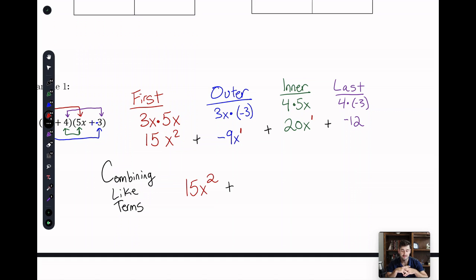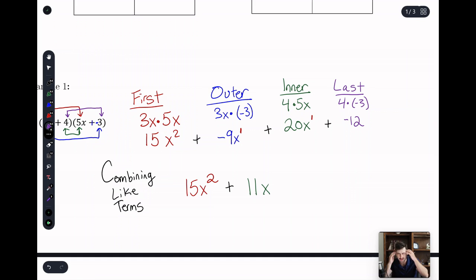So if I've got -9 cookies, or -9 t-shirts, or -9 x's, and I've got +20 cookies, t-shirts, x's, whatever you want to call them, and we combine the like terms, we'll take 20 minus 9 and end up with 11 x's, or 11 cookies, or 11 t-shirts, whatever you want to call them.